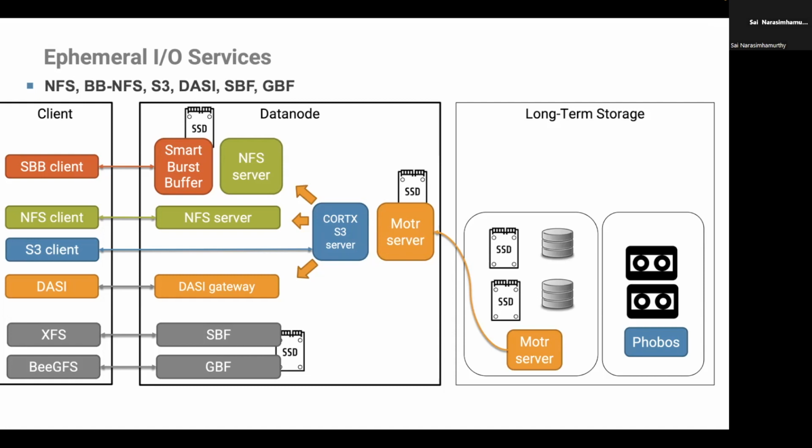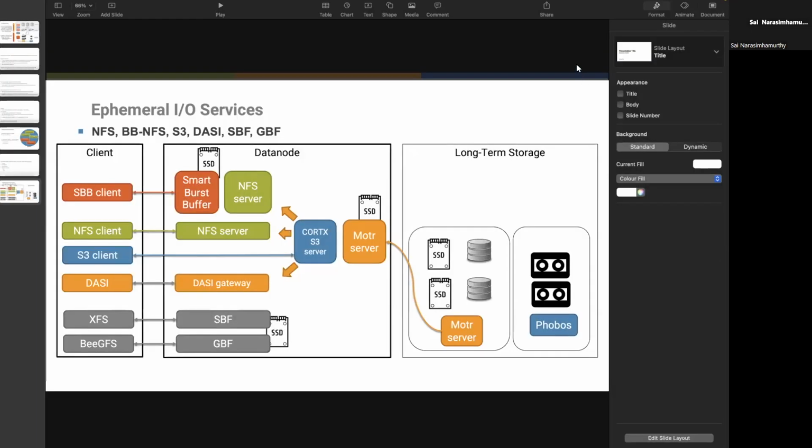So I hope this gives a better understanding of how we deploy CORTX within these data nodes for the purpose of ephemeral services. And that's it for the ephemeral services piece.